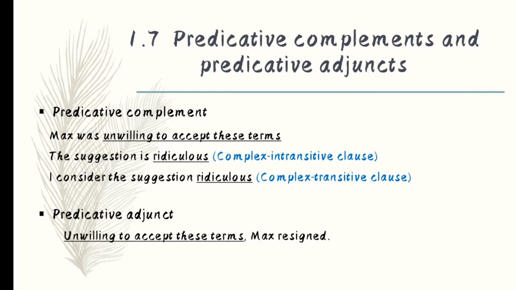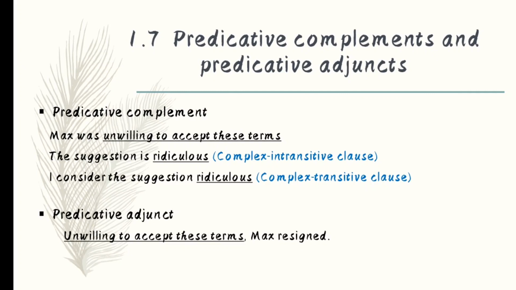Besides that, predicative complements can also occur in complex intransitive and complex transitive clauses. For the example of a complex intransitive clause: the suggestion is ridiculous. Ridiculous is a predicative complement.